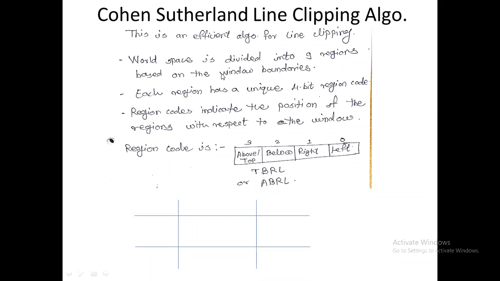Now the world space, as I told you, we can consider in this diagram. This world space is always divided into 9 regions. You can observe this diagram.